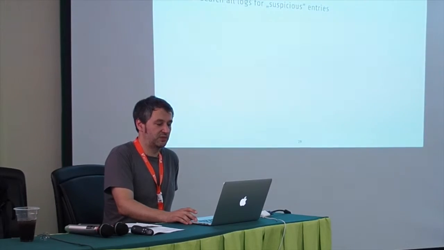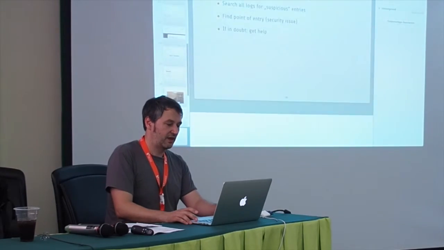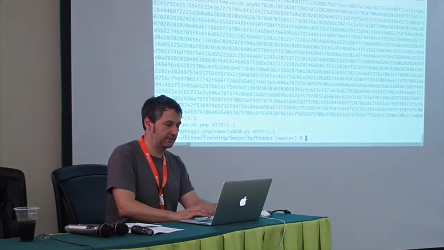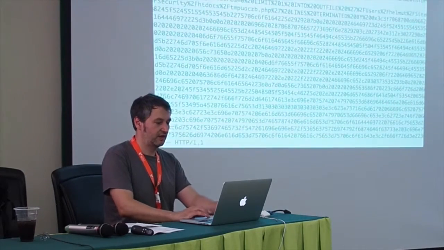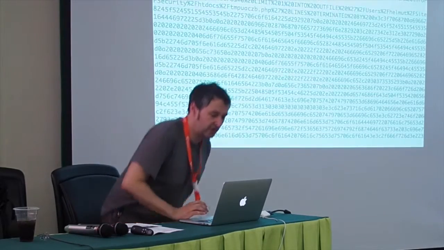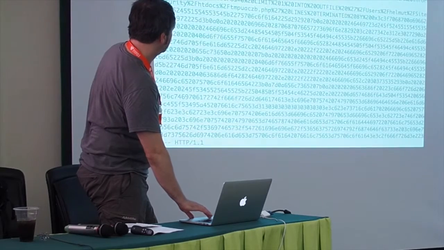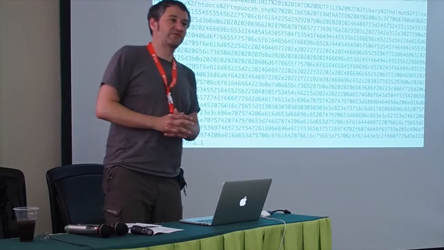What could suspicious entries look like? I show you. I don't have an access log here, but I can show you the requests the SQL lab tool did in the SQL lab log. Here. So if you go to your Apache log, a request like this looks very suspicious, right?